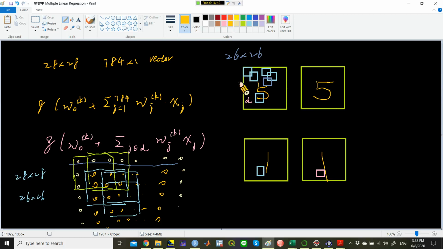In the convolve layer, we may have several different overlapping sub-images like this. This is the image, this is another image, this is another image, this is another image.